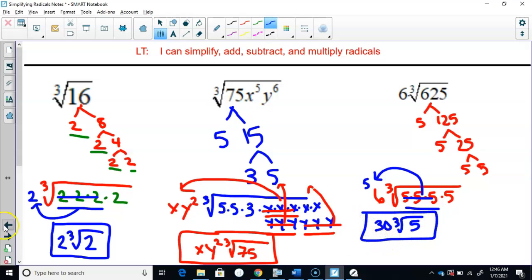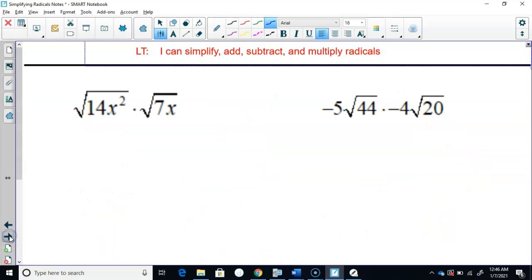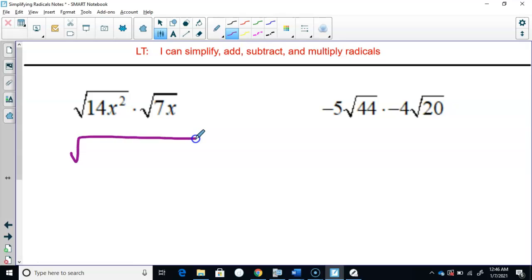Okay, let's move on. We did square roots, we did cubed roots. Now we're going to go on to multiplying radicals together. Let's look at this first one together, okay? There's a couple different strategies you can use, but what I like to do is write it all as one first, okay? And then I like to put the numbers together and the variables together.